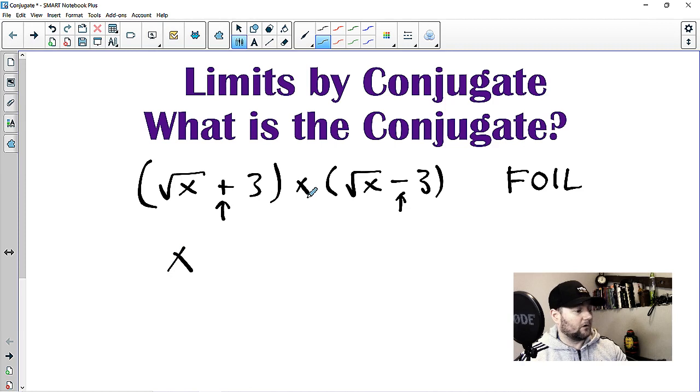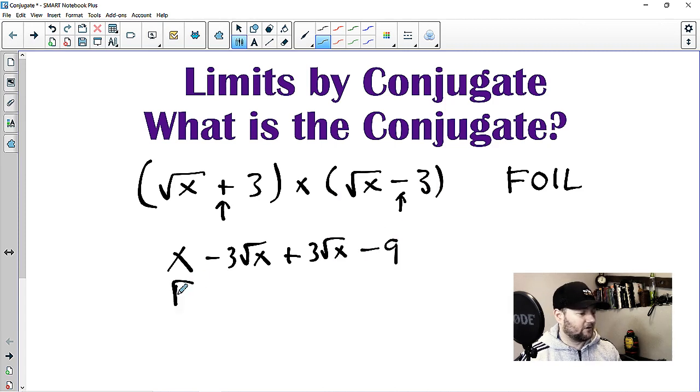Then root x times negative 3 gives me negative 3 root x. Then root x times positive 3 is plus 3 root x. And then the last, 3 times negative 3, is negative 9. So that's my first, outside, inside, last.